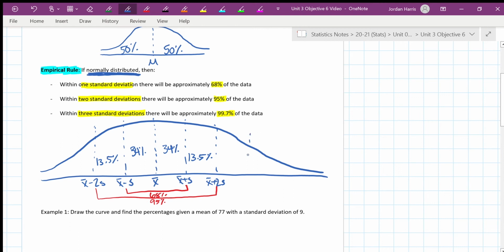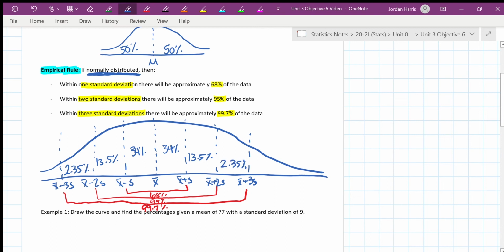Now we're going to go 1 more standard deviation to each side. So 3 standard deviations. Within 3 standard deviations means we're going to add and subtract 3 standard deviations. That has 99.7%. The difference is 4.7%, so I have to split 4.7% on each side. So 2.35% in each section.